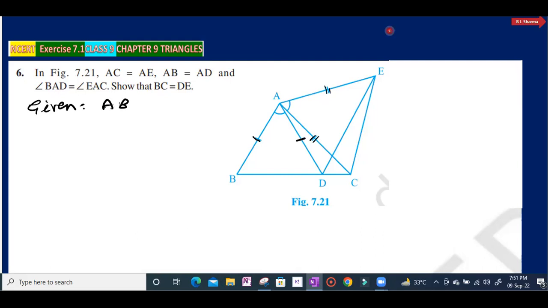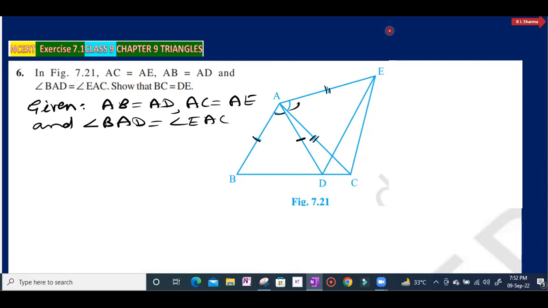AB is equal to AD, AC is equal to AE, and angle BAD is equal to angle EAC, means this angle is equal to this angle.